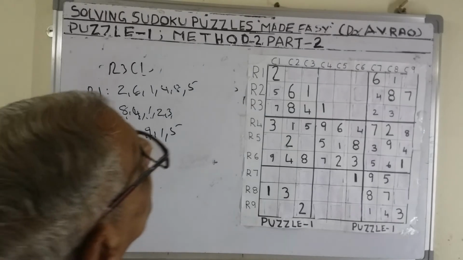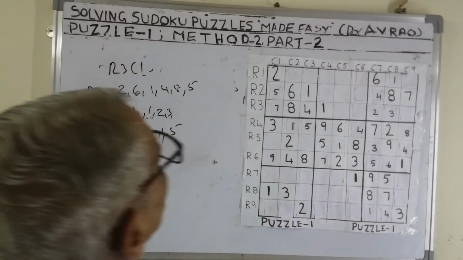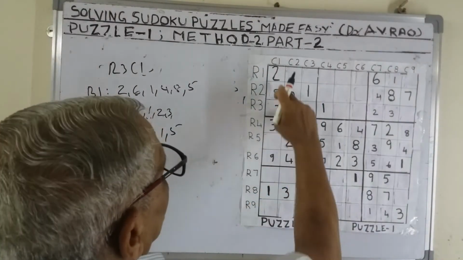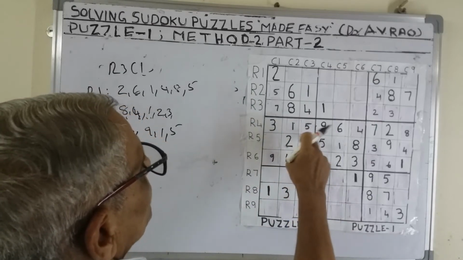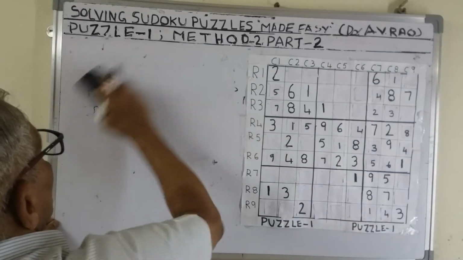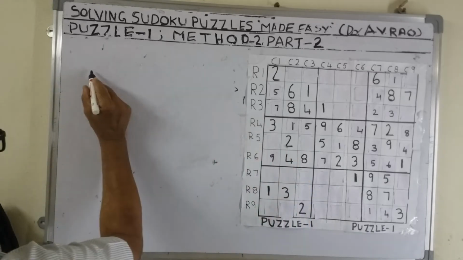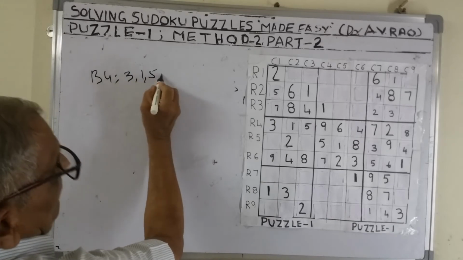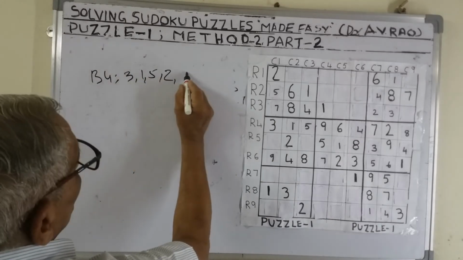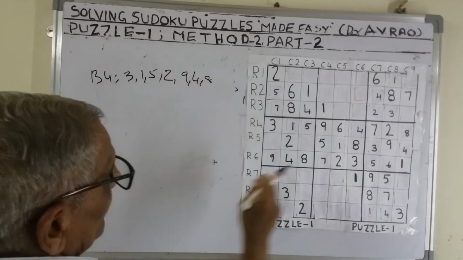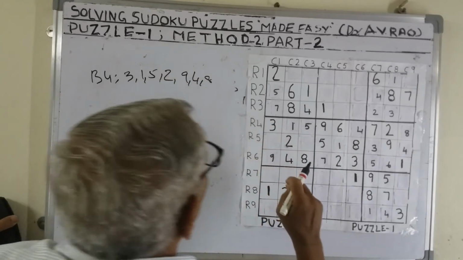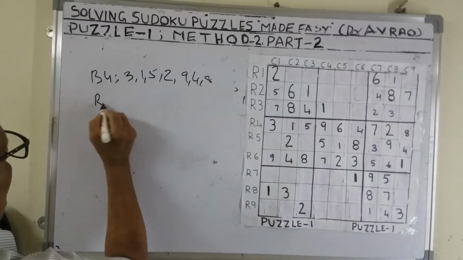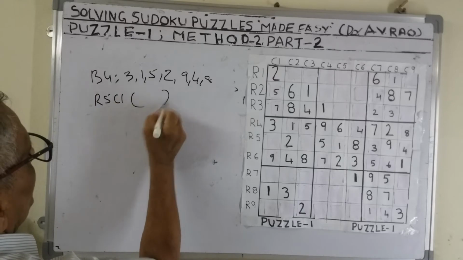Now see, in this column many cells have already been filled up, and moreover in this box also many cells have been filled up. This is box 4. What are the numbers? 3, 1, 5, 2, 9, 4 and 8. Now let us take up cell R5C1. We have to fill it up.